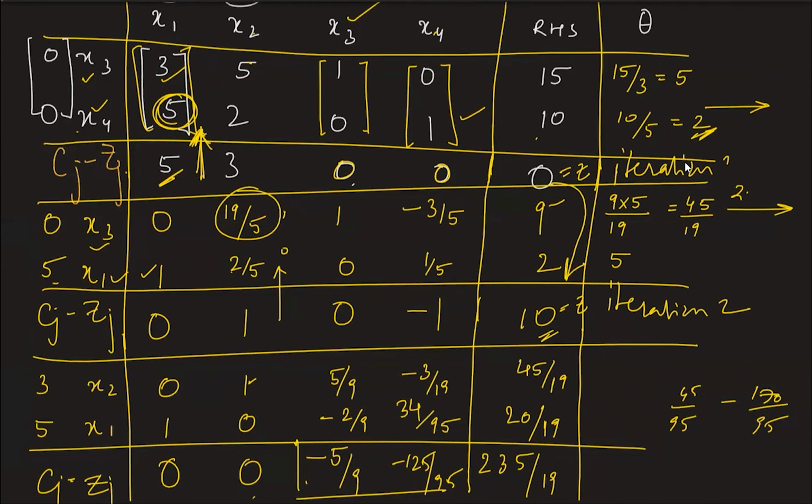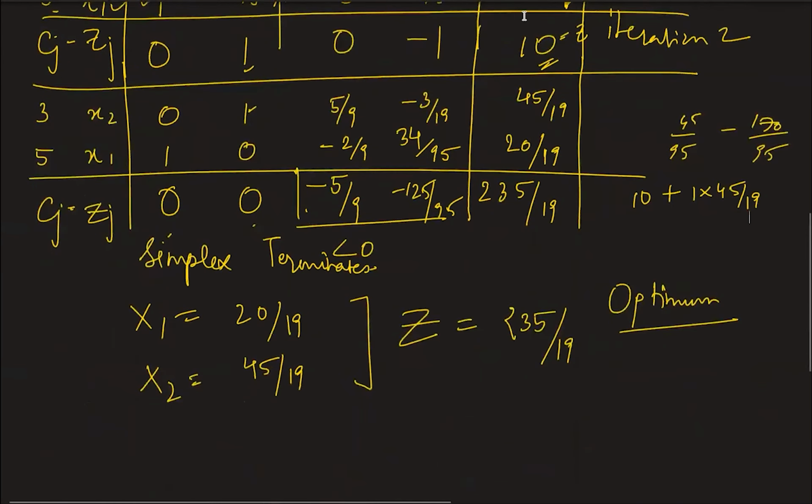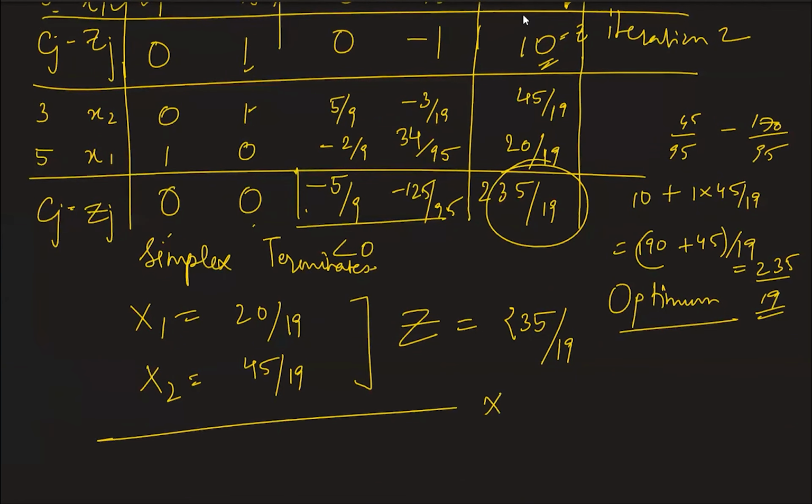The next increase would be 1 into 45 by 19. So if we see 10 plus 1 into 45 by 19, that should be 190 plus 45 by 19. That should be 235 by 19. And so we have it. This is the simplex algorithm.